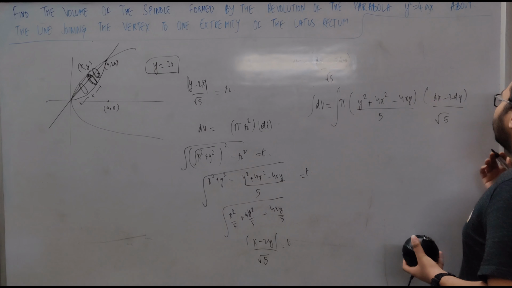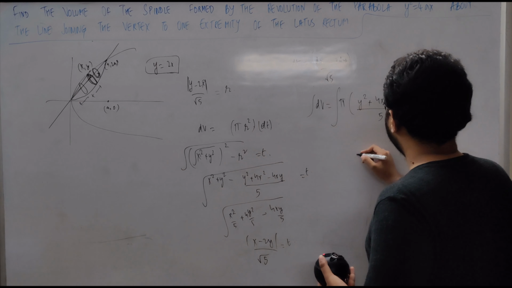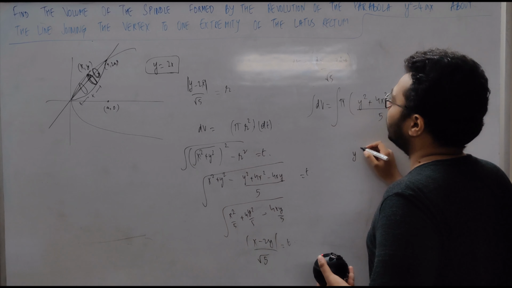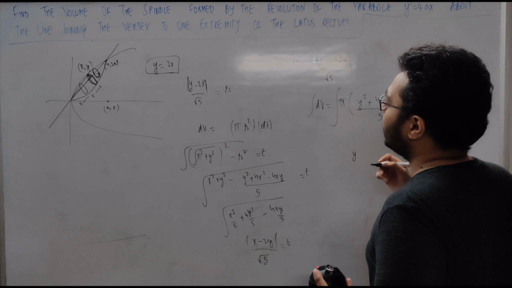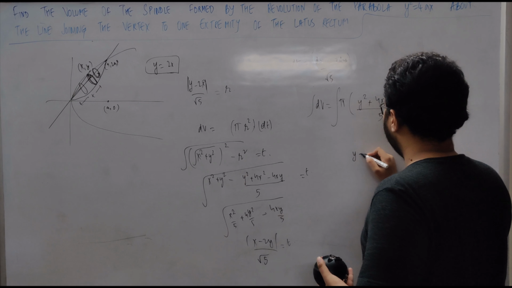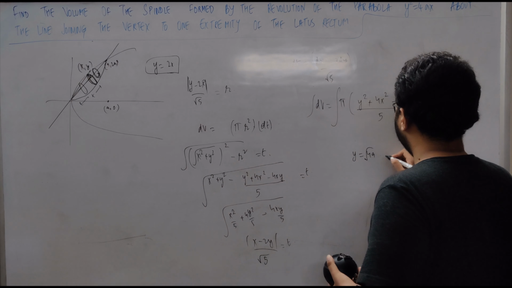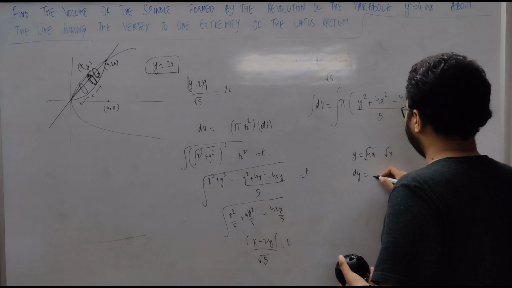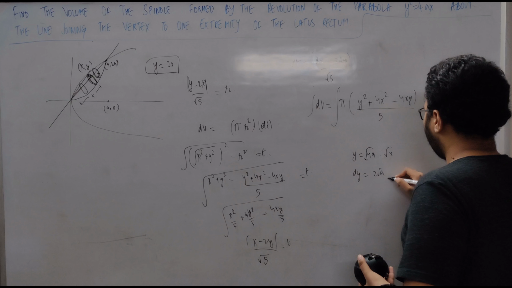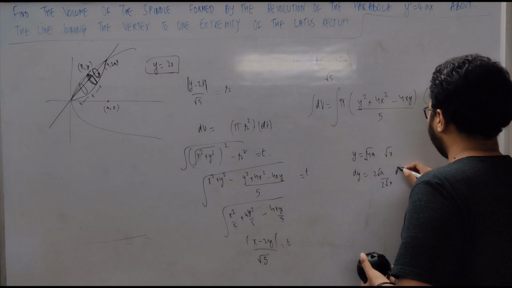We have dx minus 2 dy, and y square is once again 4ax, so y is root 4a under root x, so dy is equal to 2 root a times 1 by 2 root x dx.